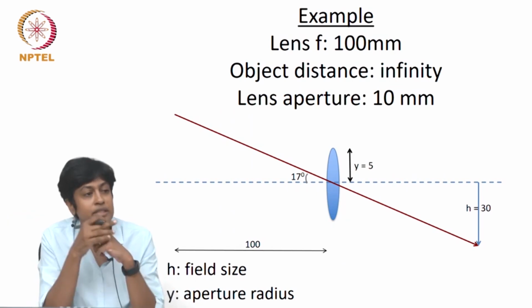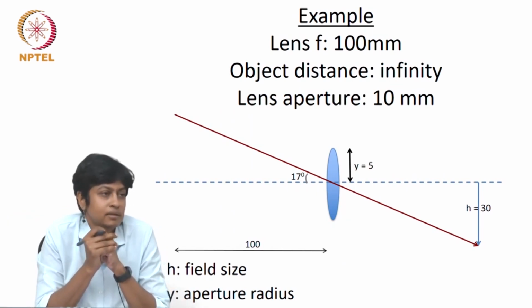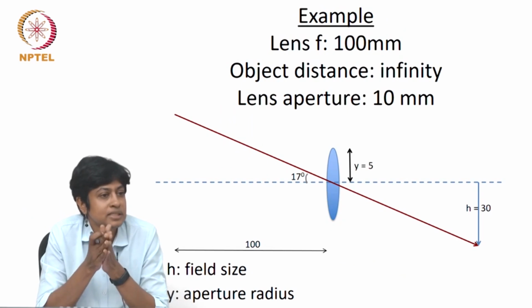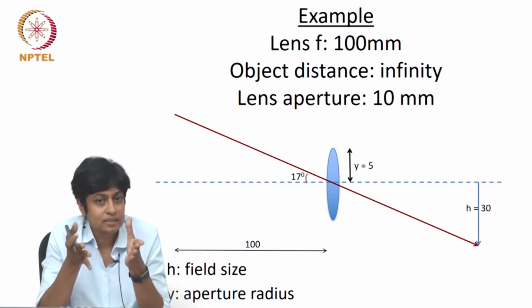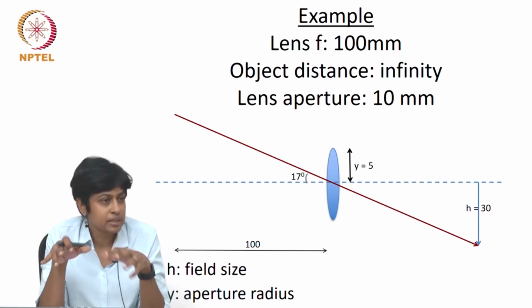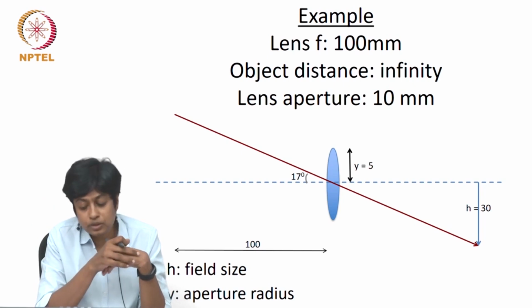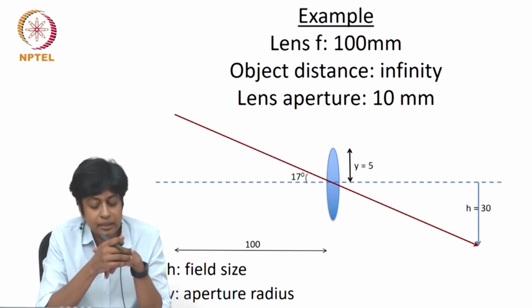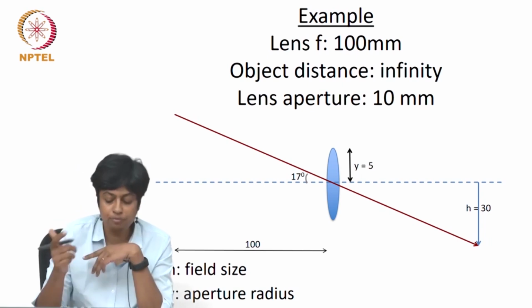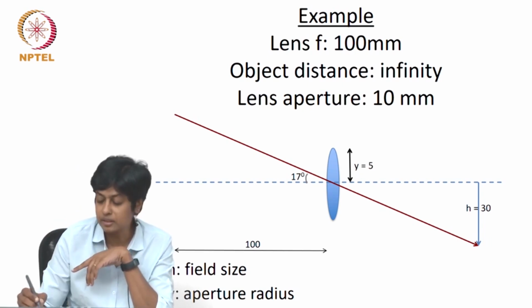Okay. So let's go back to the example we were looking at in the last class. In the last class, we said, let's take a particular lens, a single lens, and these were the conditions for that lens. It was focal length 100 millimeters. We are assuming the object is at infinity, but you have a field of view of plus minus 17 degrees.